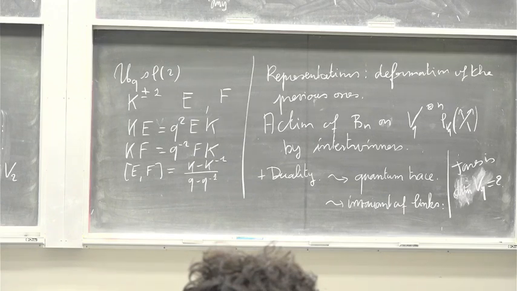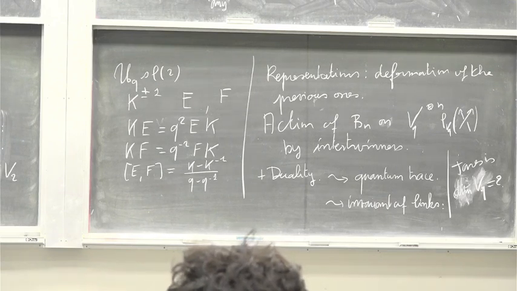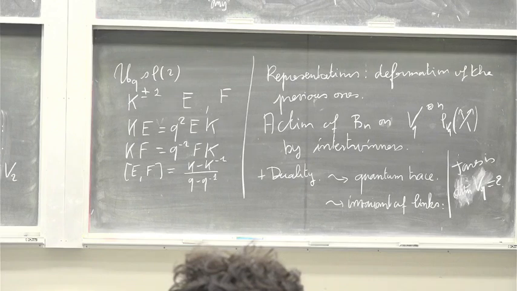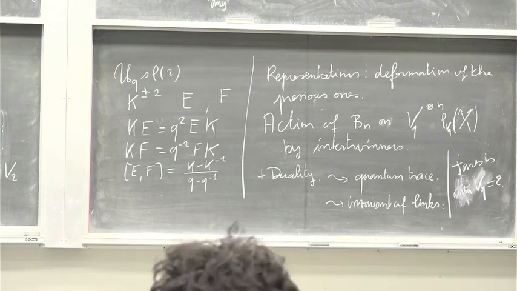For 3-manifolds, you need to take the parameter to be a root of unity. And if you take this root of unity to be of bigger and bigger order, you are looking for certain classical limits, and you expect the volume in the hyperbolic case. This is known in some cases, but still not resolved.